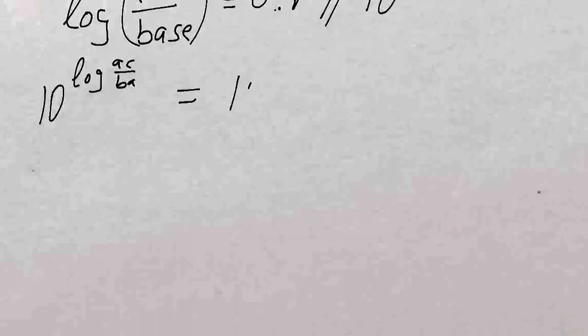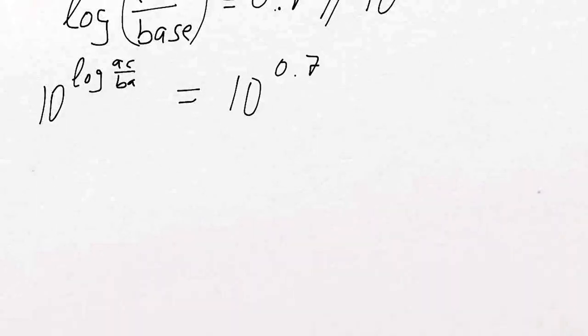So log acid over base equals 0.7. Now we want to get rid of the log, and we can eliminate the log by the inverse mathematical operation, and that is 10 to the power of. So on the left-hand side we have 10 to the power of log acid over base equals 10 to the power of 0.7.